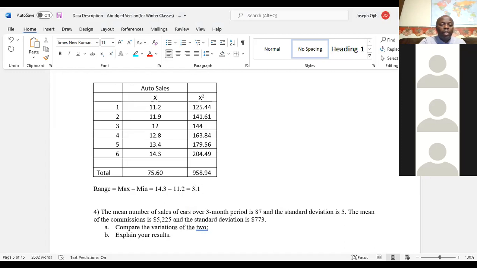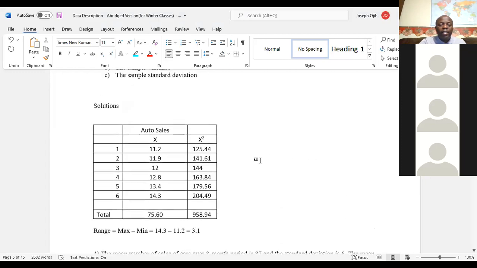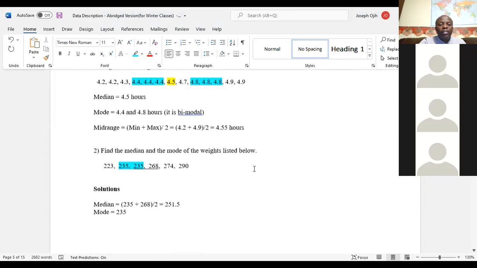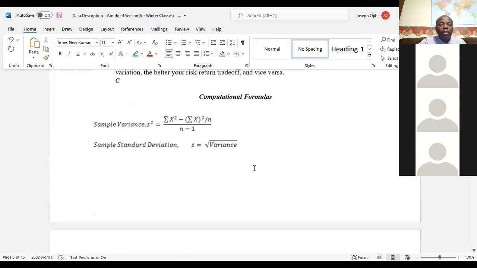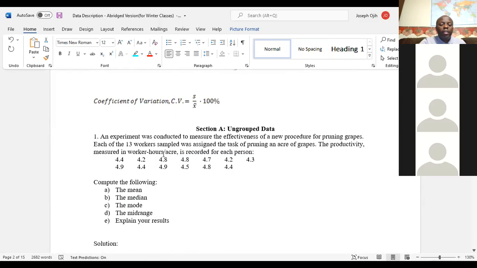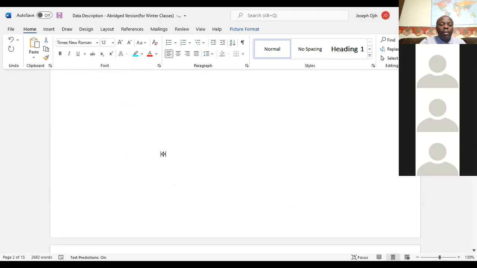Okay. Now, next is to find the variance and standard deviation. So the variance becomes, remember the formula for the variance? It says sum of x squared minus the square of the sum of x, over n. So I'll copy it and paste it here.